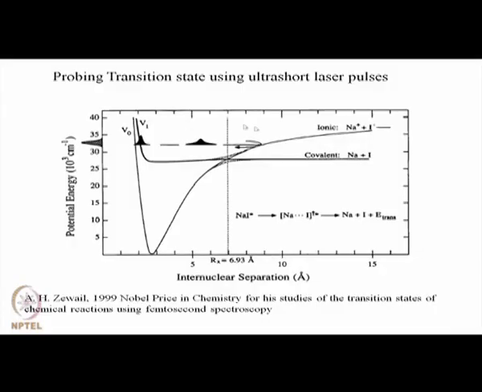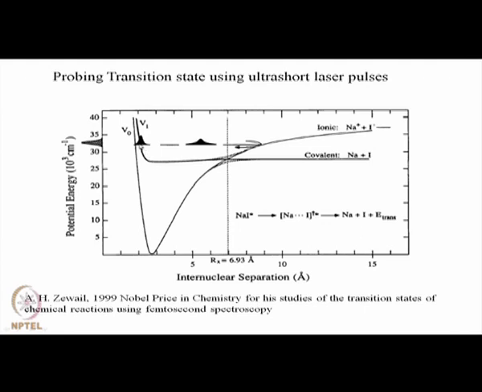So, how is this happening? Sodium iodide has two potential energy surfaces. One is ionic, another is covalent, and there is a crossing. Now, when you excite your sample with a laser, you generate the wave packet, and that wave packet will go back and forth on the ionic potential energy surface. And here you see there is a close appearance of another level, that is the covalent.